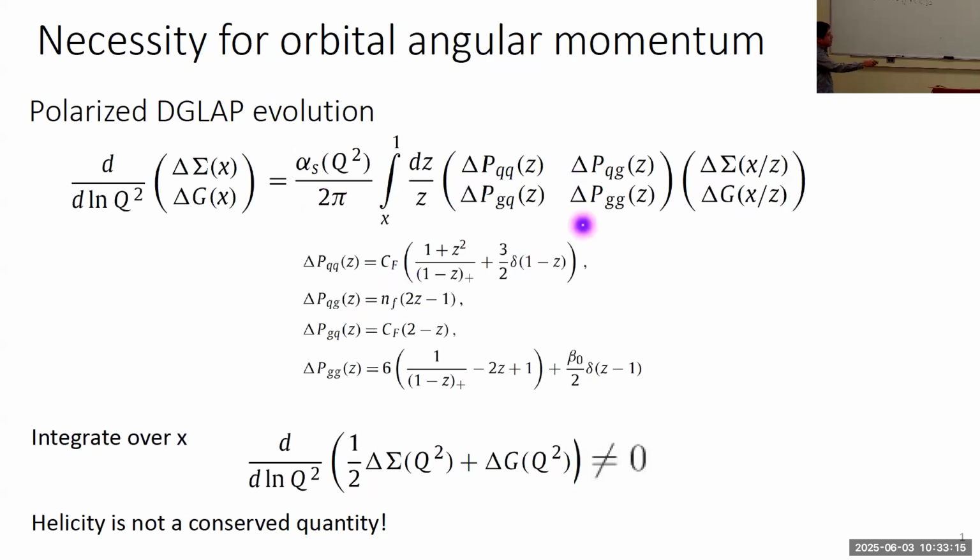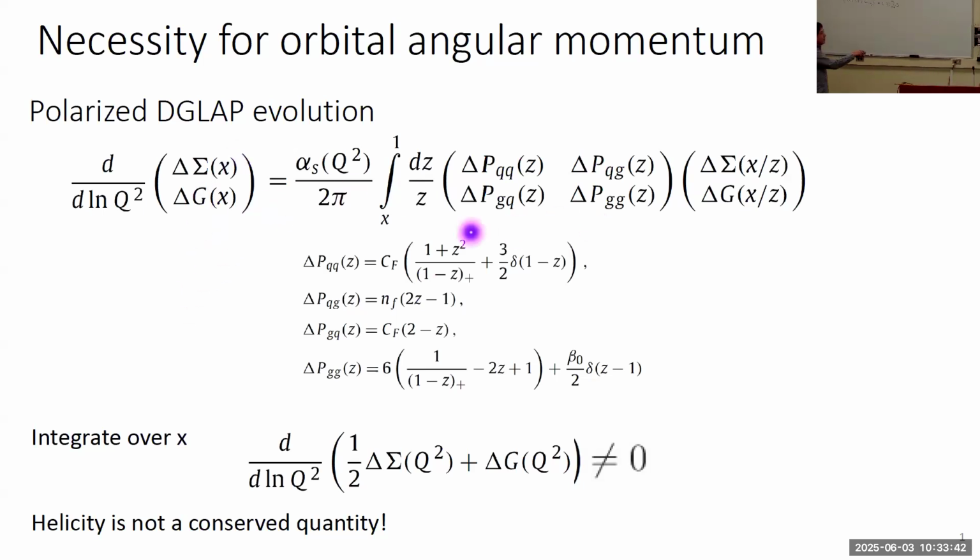So this is the DGLAP equation, the polarized version, at one loop. And then I can integrate both sides over x. The integral of this is basically delta sigma, the total helicity contribution by quarks to the nucleon spin, and the integral of delta G is by definition the gluon helicity contribution to the proton.